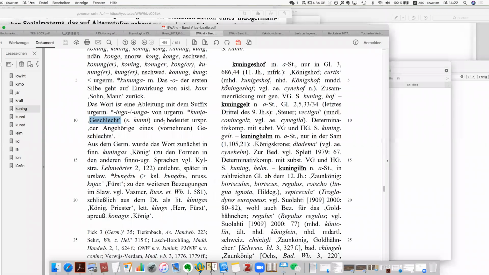So it comes actually from the word for family or race. And then the original meaning is der Angehörige eines vornehmen Geschlechts. So it actually means he belongs to a high or noble family.